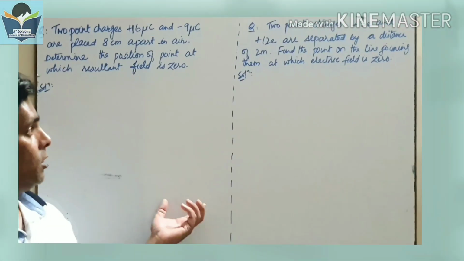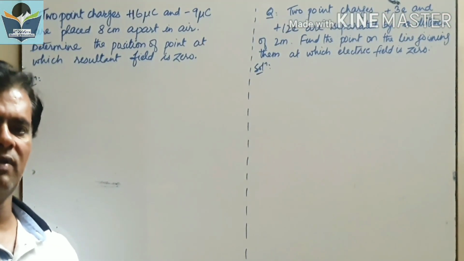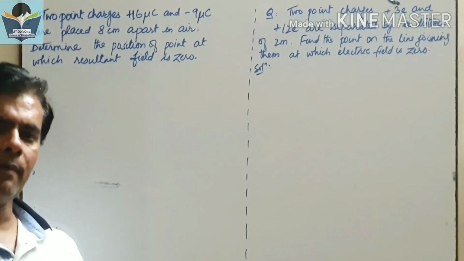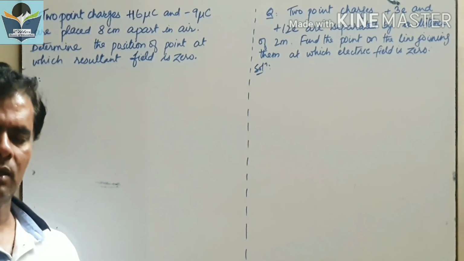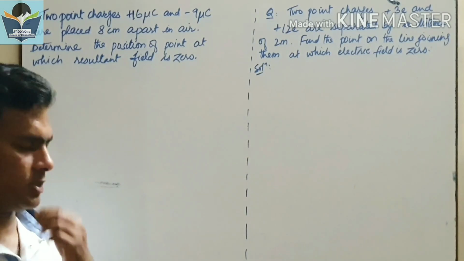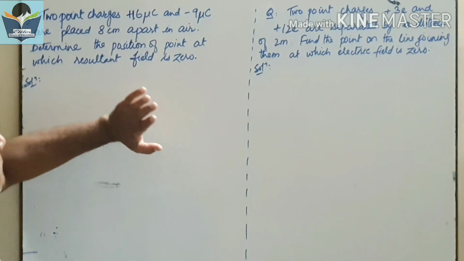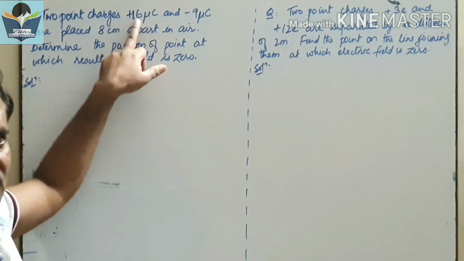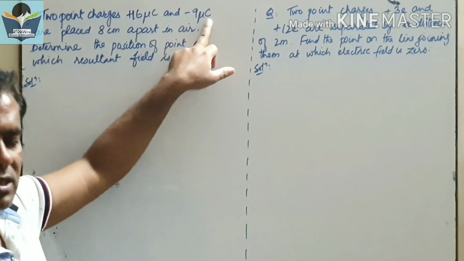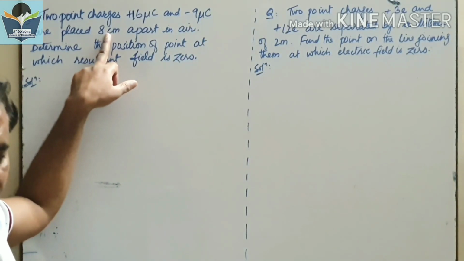Now students, we discuss here two questions regarding the concept of electric field. Why am I discussing two questions simultaneously? Because they are somewhat related to each other, to understand simultaneously. I have written here two charges, plus 16 microcoulomb and minus 9 microcoulomb, at a distance of 8 centimeter apart in air.